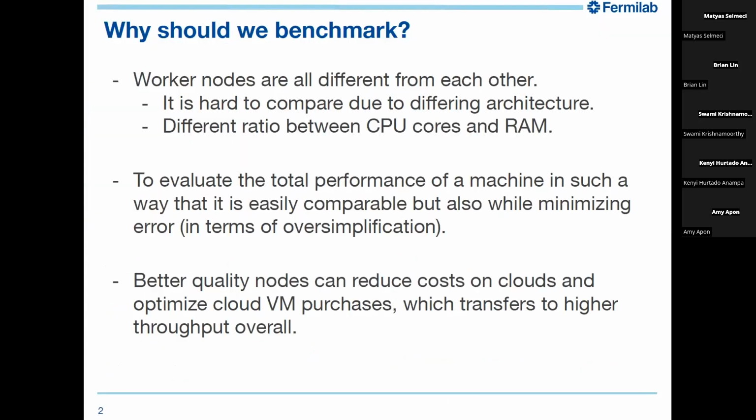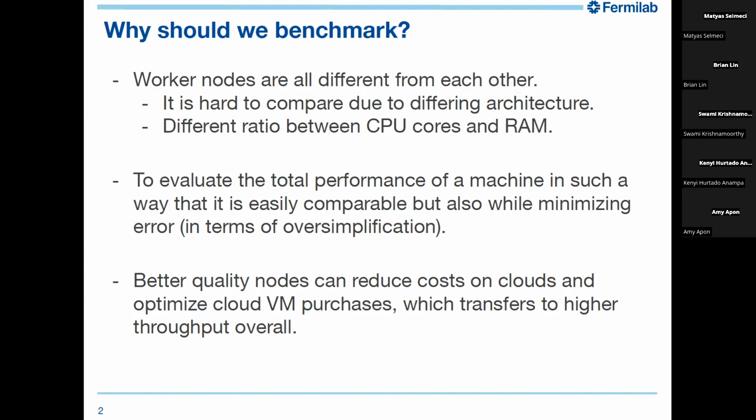So before we talk about the automated portion, let's talk about why we should benchmark in the first place. In high throughput computing, we use many resources, and the worker nodes on these resources are all very different from each other. It's hard to gauge the difference between these machines because of different architecture or different ratios between CPU cores and RAM.